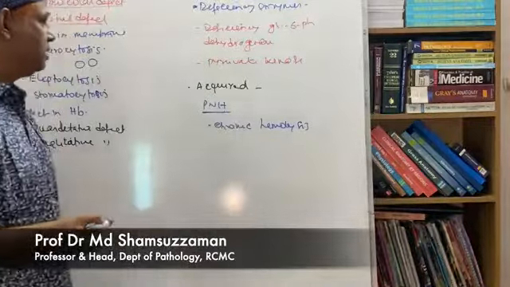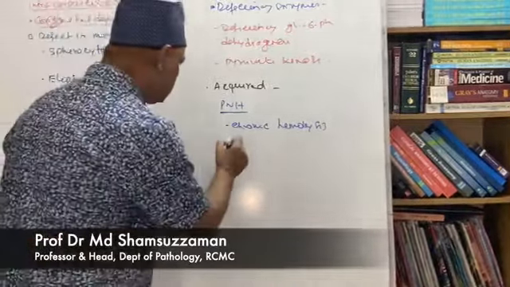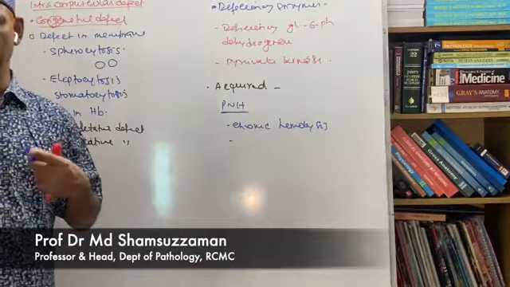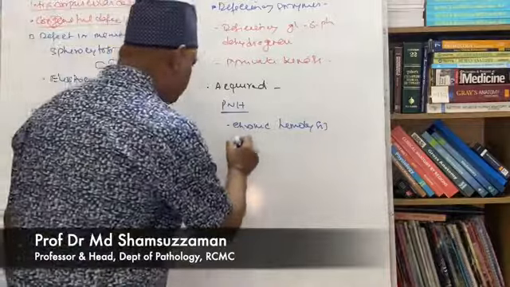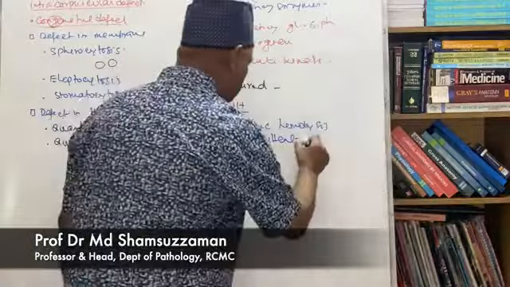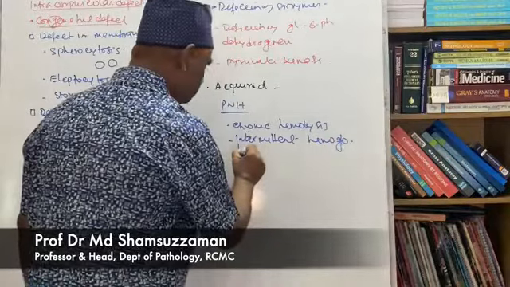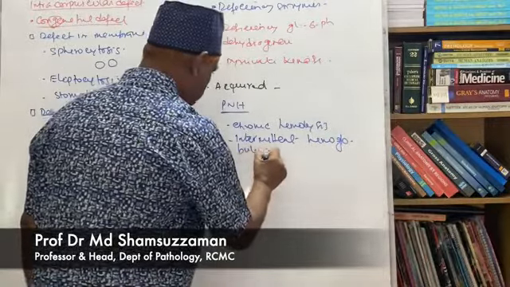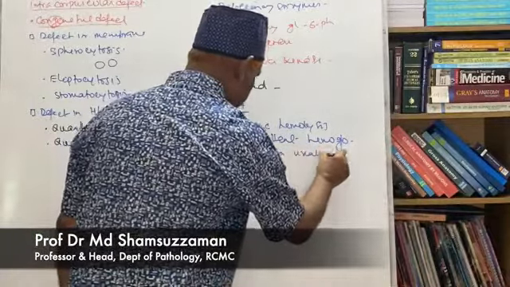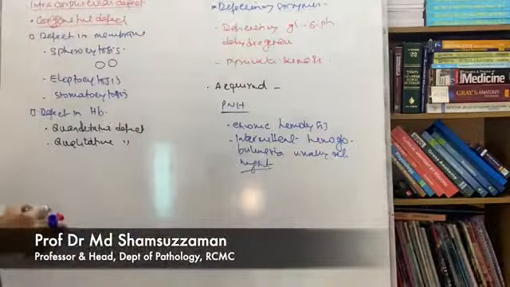Another characteristic of it is that there is intermittent hemoglobinuria, usually at night. So it is called paroxysmal nocturnal hemoglobinuria.